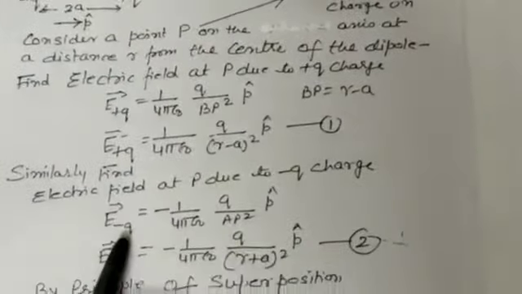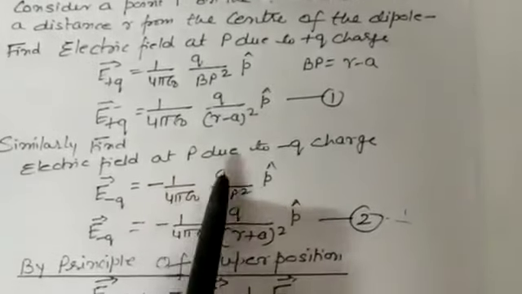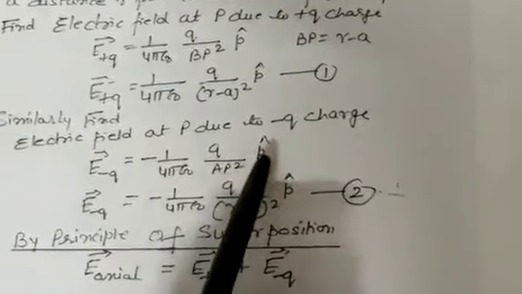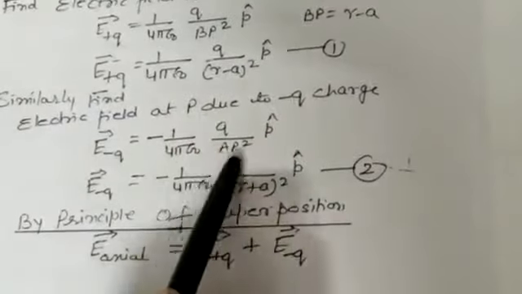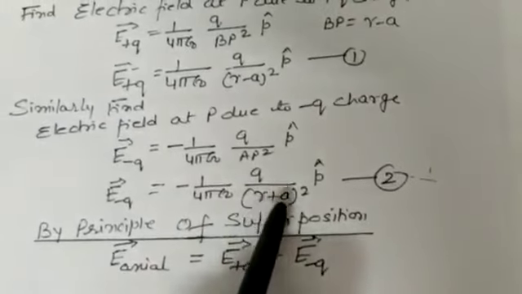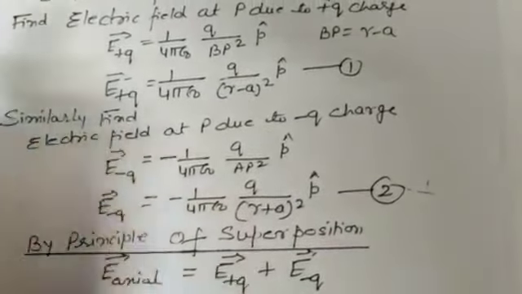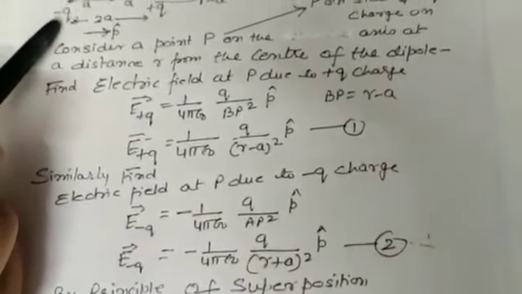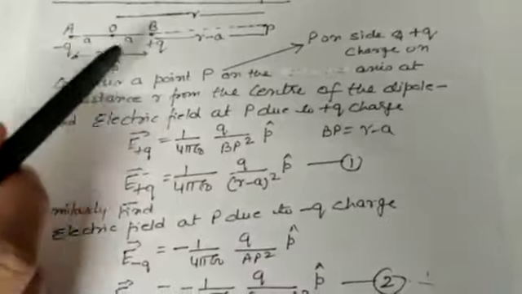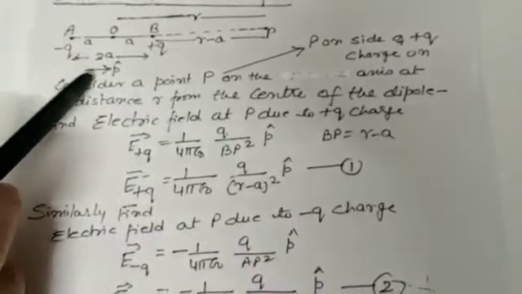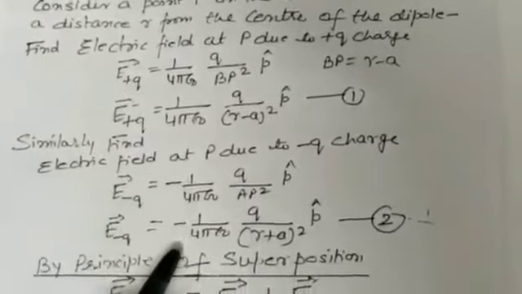So E minus q is minus 1 by 4 pi epsilon naught q by AP square p unit vector. AP square will be replaced by (r plus a) whole square. The negative sign is there because you are finding the field at P due to minus q charge, which will be inward, in direction PA, that is opposite to the p unit vector. So the negative sign appears.